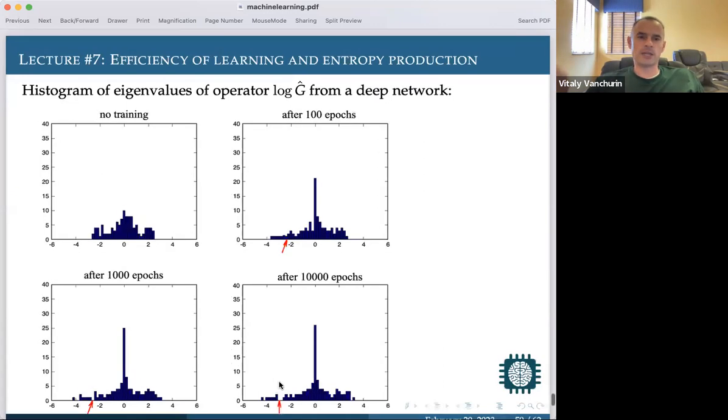Now, however, if we take a look at the deep neural network, you also have some kind of more or less symmetric solution in the beginning. Well, actually, symmetry is already broken even in the beginning. But what's more important, the asymmetry of this log of the matrix G is even more pronounced in the late times, and then eventually you'll see this gap formed of the eigenvalues that actually had time to run away to the left, and those that got stuck and cannot run further to the left.